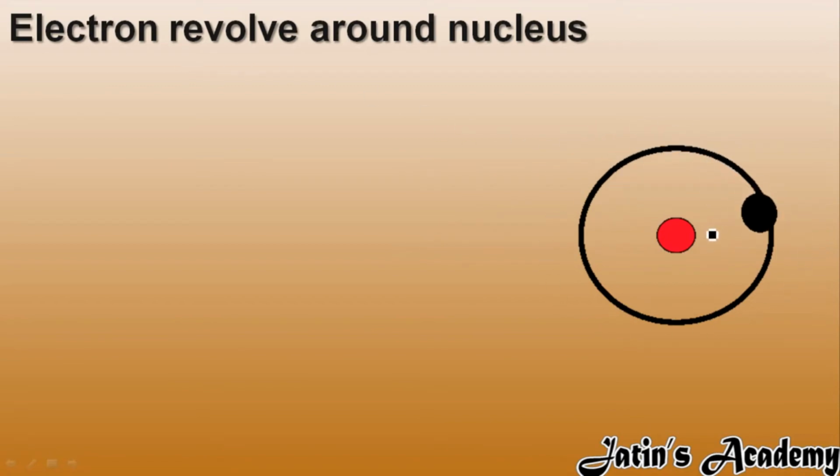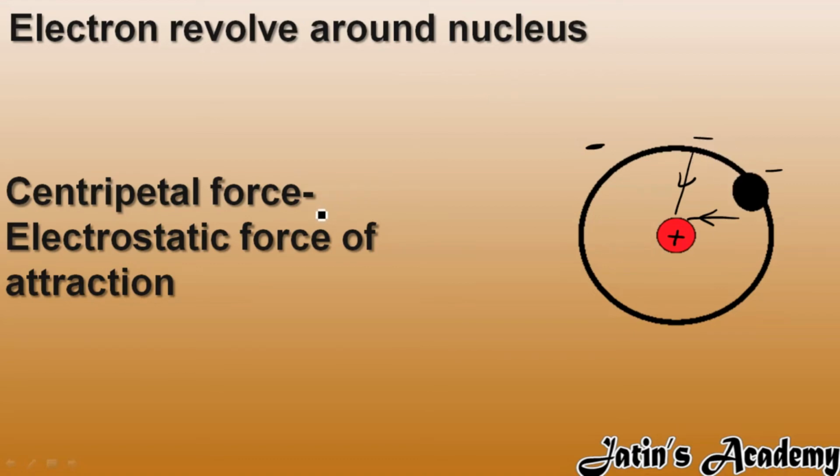So here one force is acting. We have to see which type of force this is. This is a positive charge, and the electron has a negative charge. Positive and negative attract each other. So that attraction force is called electrostatic force of attraction. So in case of an electron revolving around the nucleus, the centripetal force is called electrostatic force of attraction.